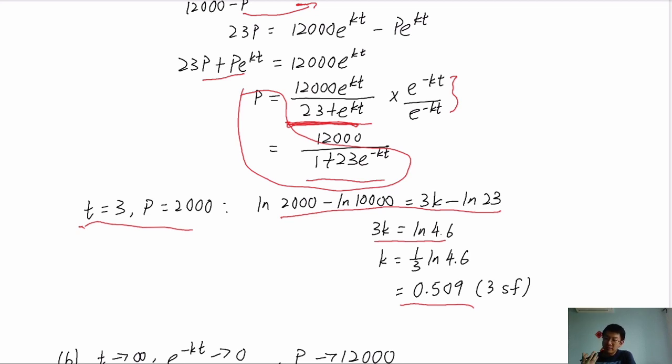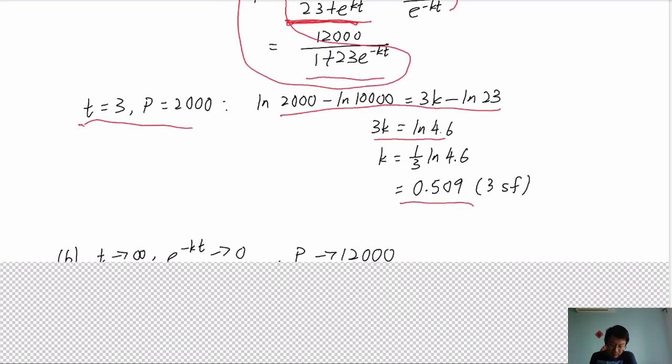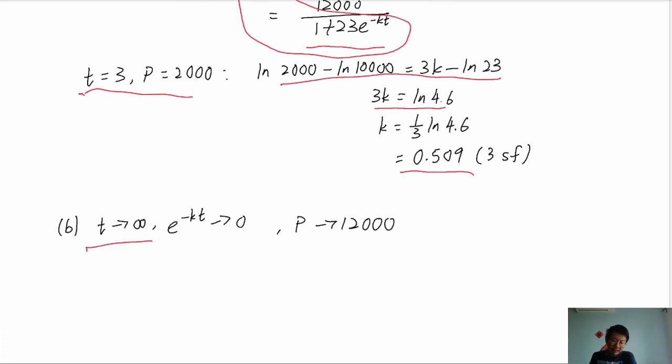This kind of situation usually happens when we have some exponent term in our expression. What happens here is we are looking at when t approaches infinity. As we keep the lake there for a very long time, with t approaching infinity, the e power negative kt approaches 0.